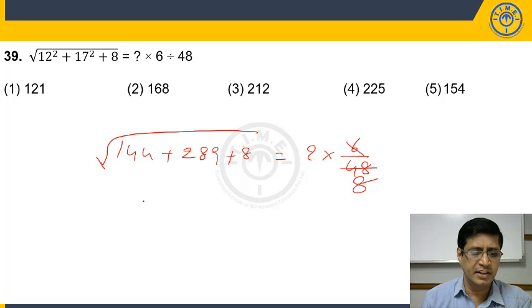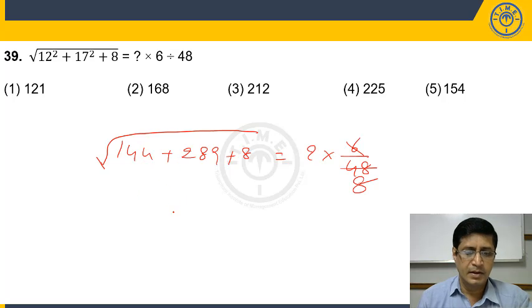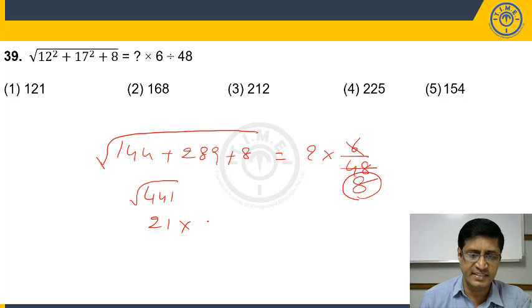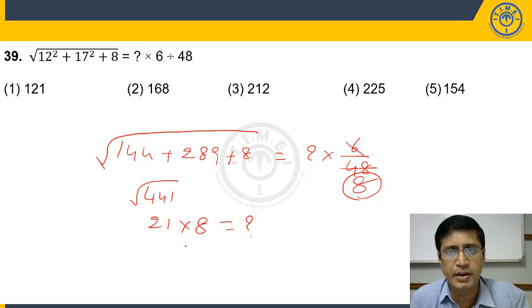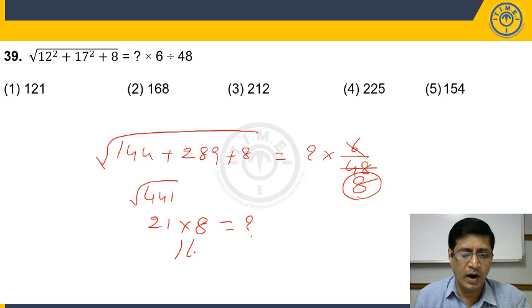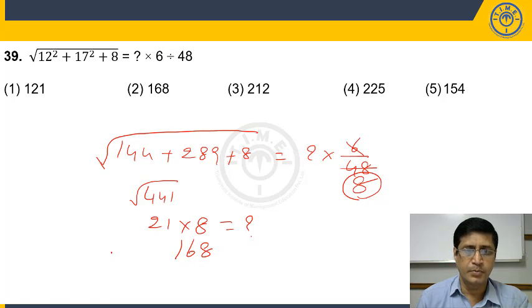Sum of all these numbers is 441. 441, it is a perfect square. So what is the square root of 441? It is 21. When you take this 8 to the other side, it will multiply 21. So 21 into 8, that is 168. Option number 2. Second choice is the right answer.